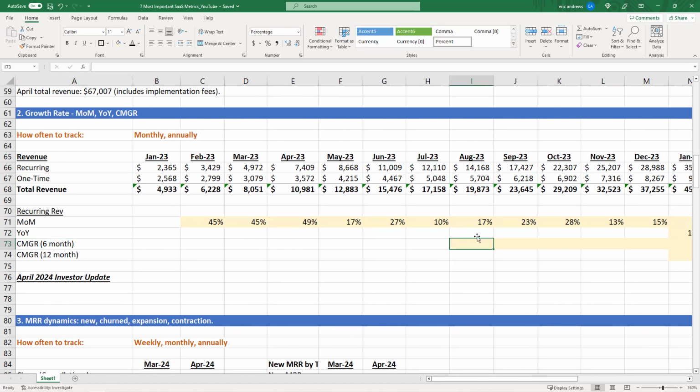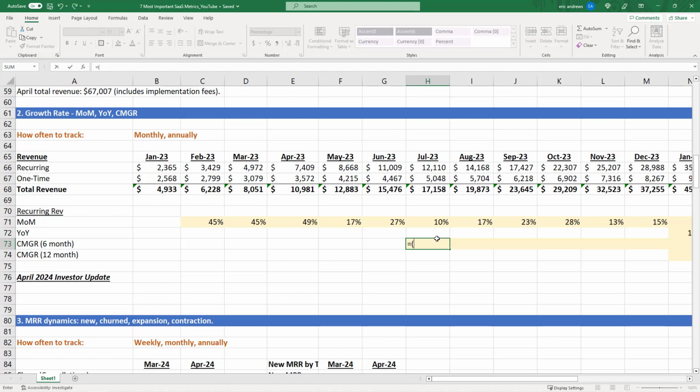Now, my favorite growth metric is something called compounded monthly growth rate. This provides you an average rate of compounding over a period of time. Let me show you how to do this, and we can talk about what it means. Okay, so we're going to go to July. We're looking at the 6-month period, 1, 2, 3, 4, 5, 6, between July and January.